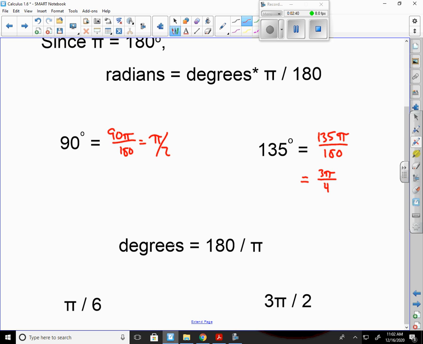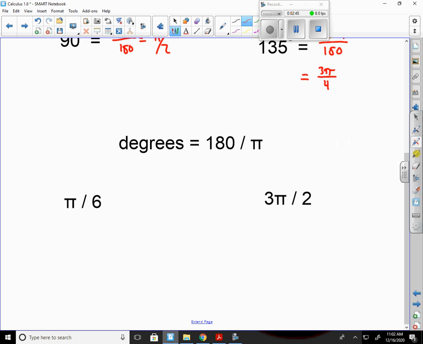To convert to degrees from radians, we do 180 over pi. So I'm just going to take my radian measure times 180 over pi. Pi over 6 times 180 over pi.